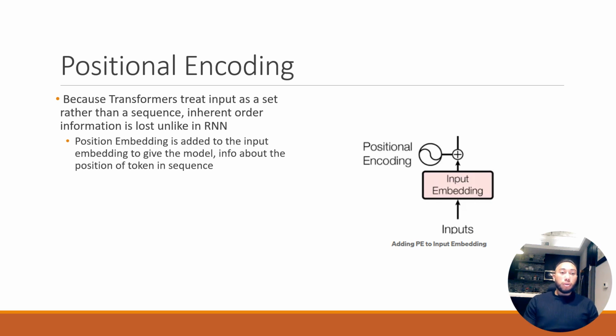Next, we have positional encoding, and because transformers treat input as a set rather than a sequence, inherent order information is lost, unlike in RNNs. Positional embedding is added to the input embedding to give the model info about the position of a token in the sequence.